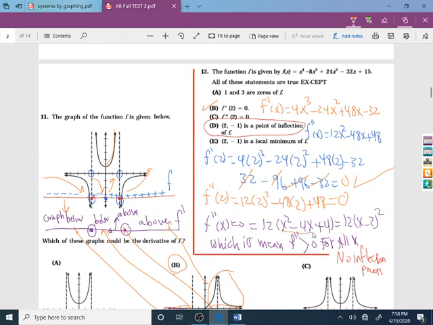Inside here is a factoring, x minus 2 and x minus 2. This equals, and I know from basic algebra, x minus 2 squared is always positive, which means f double prime is never changing sign, that means no inflection point.